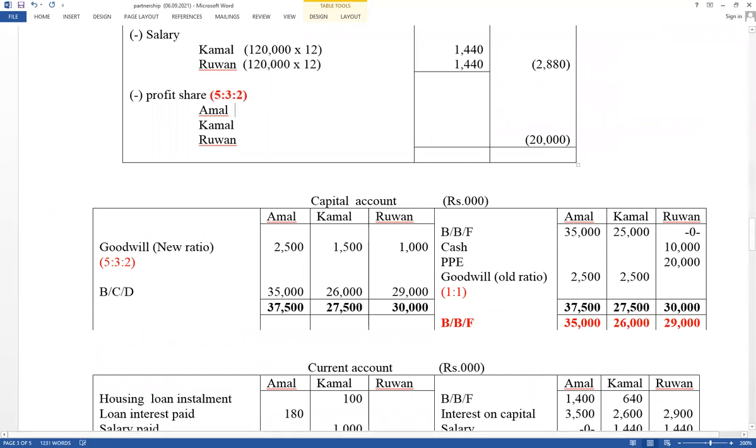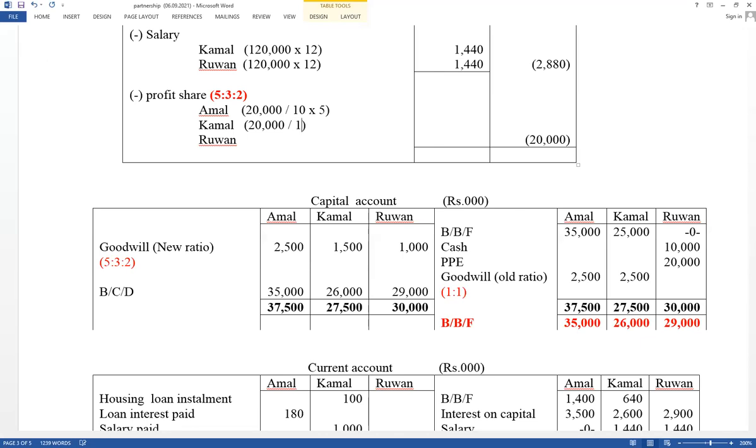Share of profit equal to 20,000. Therefore, 20,000 divided by 10 into 5. Take the profit share. And 20,000 divided by 10 into 3.